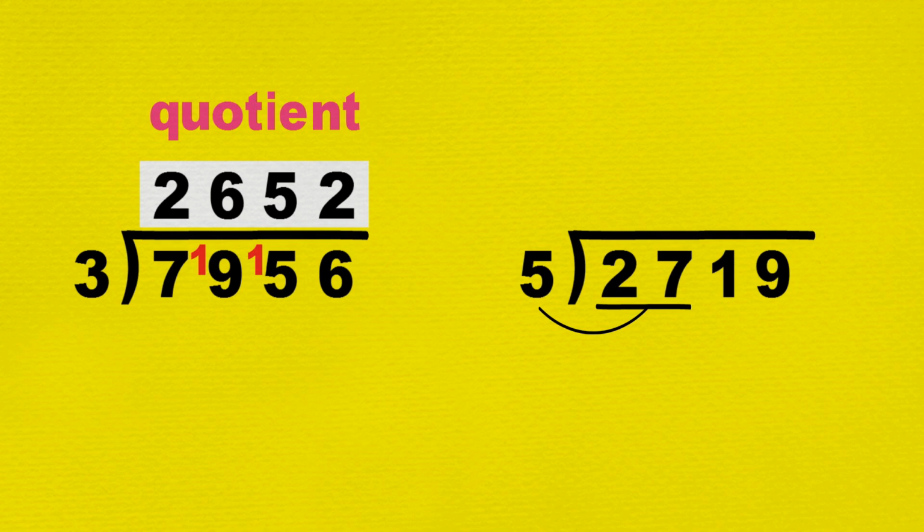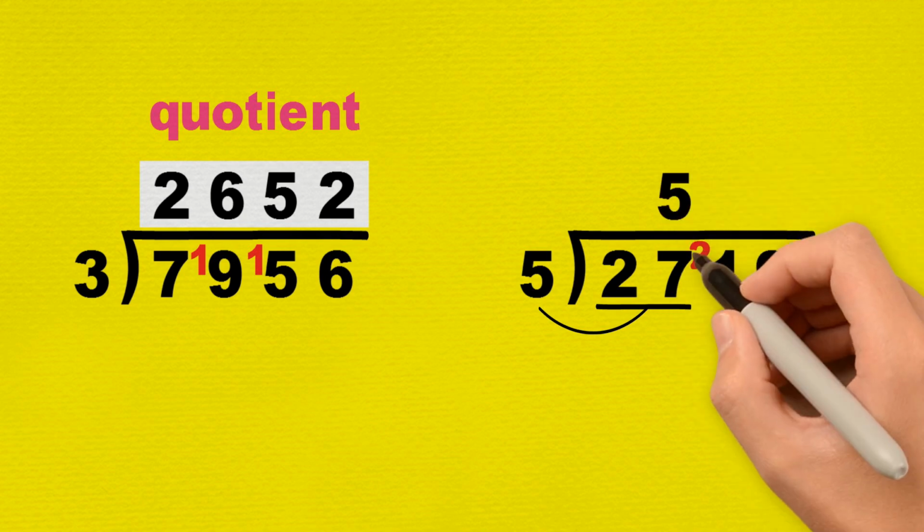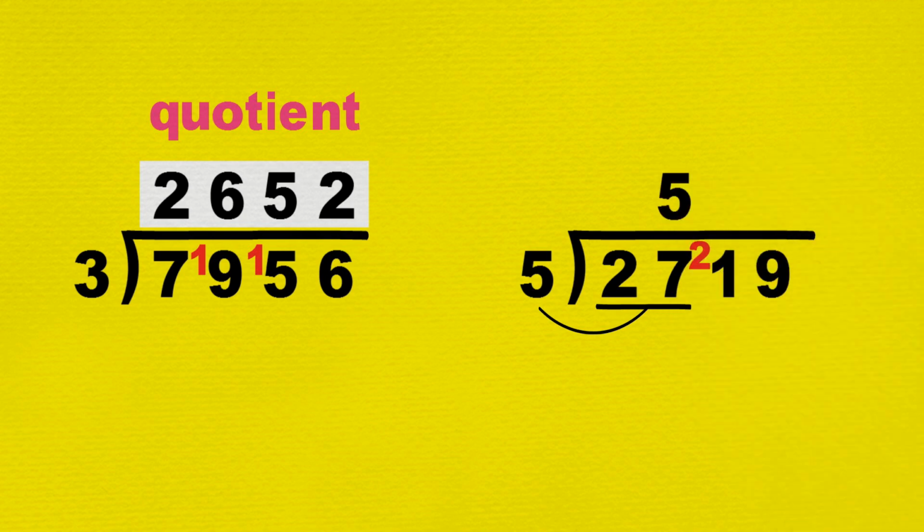5 divided into 27 will give us 5, and there will be 2 left over, since 27 equals 5 lots of 5 plus 2. So we write the 5 above the line, right above the 7, and the leftover 2 is put in front of the 1 to make it 21.